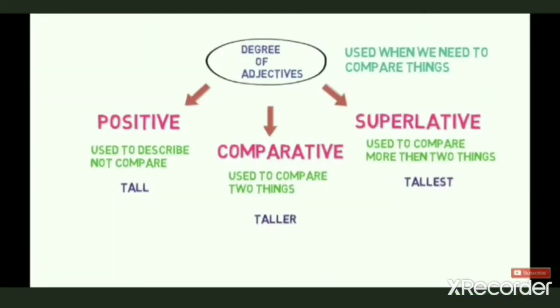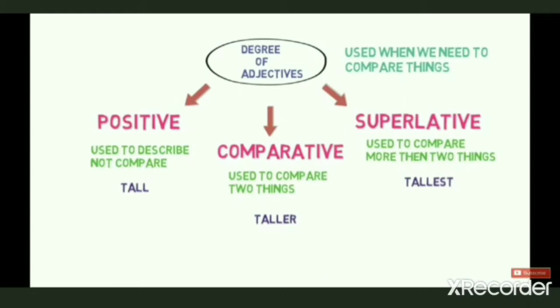Today we will see what the degree of adjectives is. There are 3 degrees of adjectives: positive, comparative and superlative. What is positive? When we use the positive degree, it is used to describe, not compare.